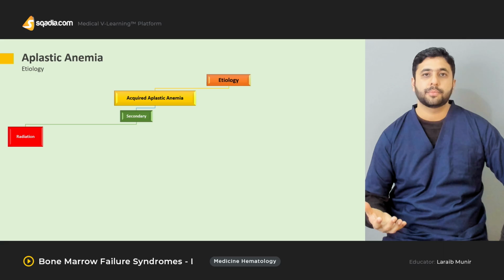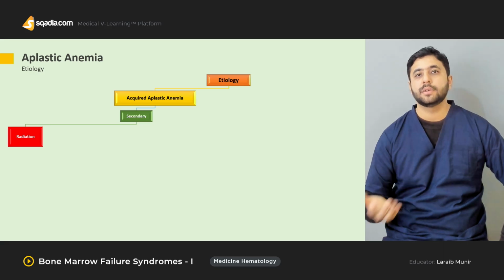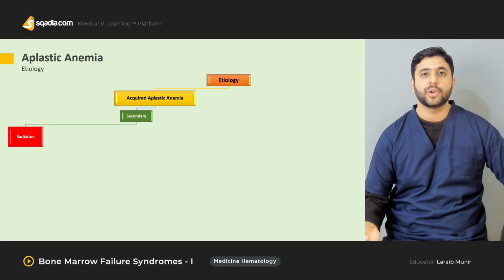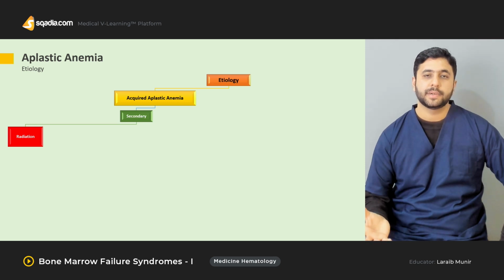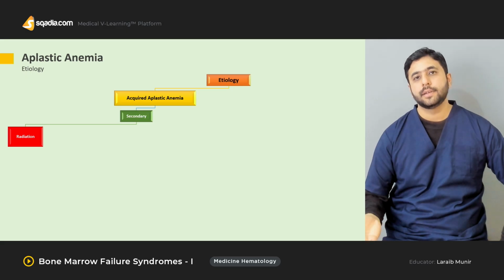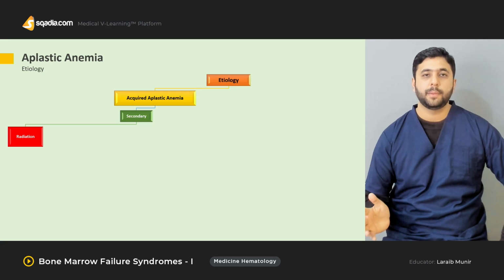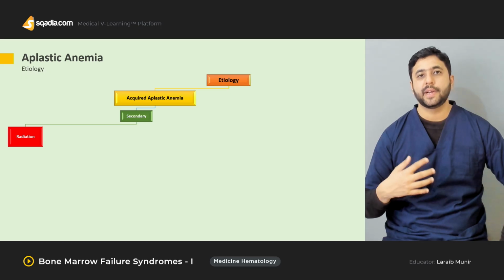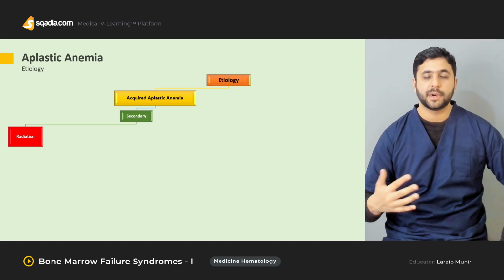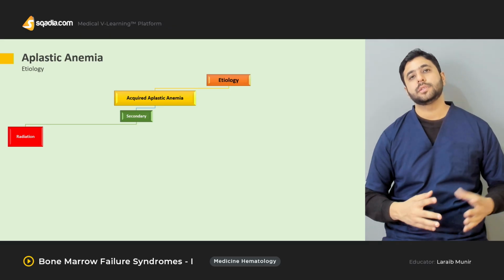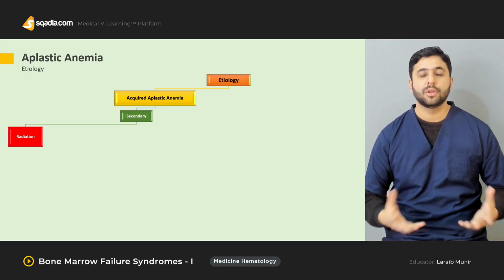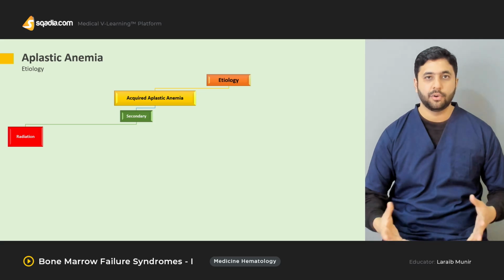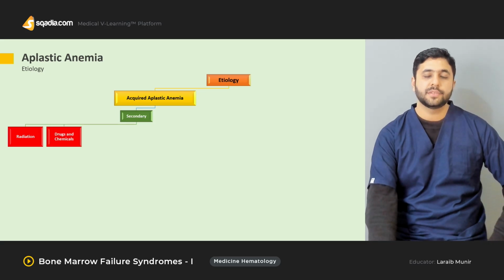So any patient who has prolonged exposure to radiotherapy, or someone who works in nuclear plants or hospital staff who work with radiation all the time, like radiologists or technicians of the radiology department, are prone to developing aplastic anemia over a period of time, because of the cumulative effect of radiation with passing years, and that in some patients can lead to bone marrow abnormalities. It can also lead to certain types of leukemias and lymphomas. So radiation is one common type.